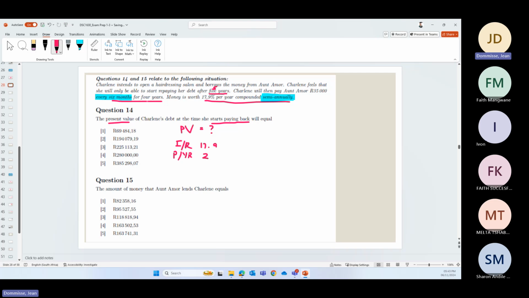And for now, we're working with that 4 years because that is how she will pay it off. And then let's just see how much she is paying every 6 months. She's got a PMT of 35,000.